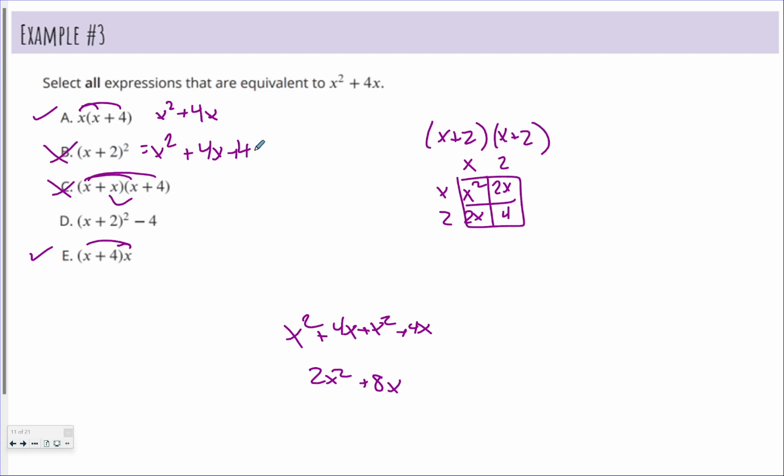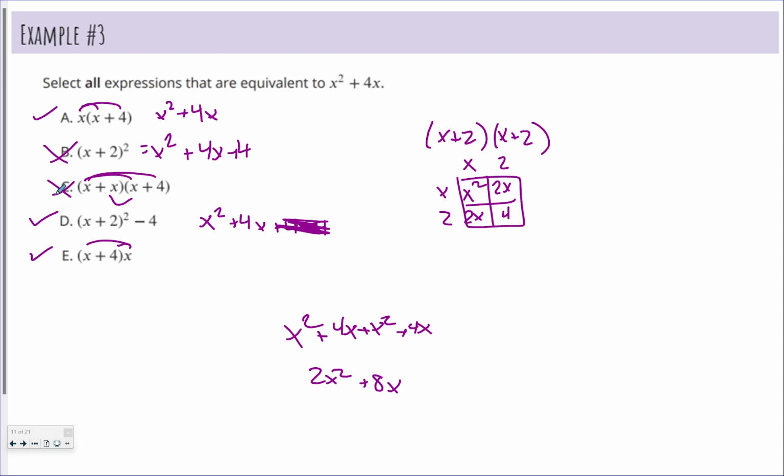Same expression. So it's x squared plus 4x plus 4, but there's this extra minus 4 on the end of it. What's 4 minus 4? 0 goes away. X squared plus 4x, and that one also works.